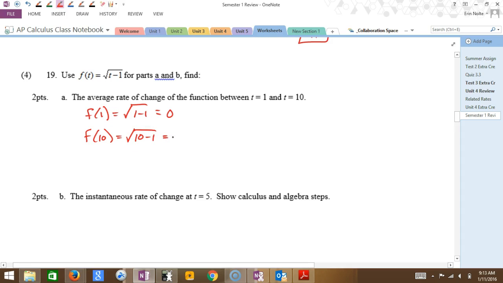So 3 for that one. Okay, and then we're just going to do the y1 minus the y2. So 0 minus 3. And then the x1 minus the x2. So we get negative 3 over negative 9, which is 1/3.